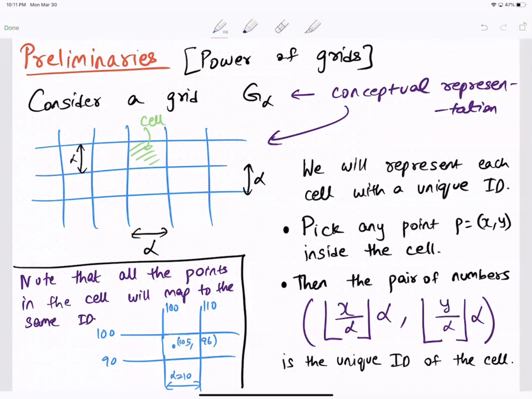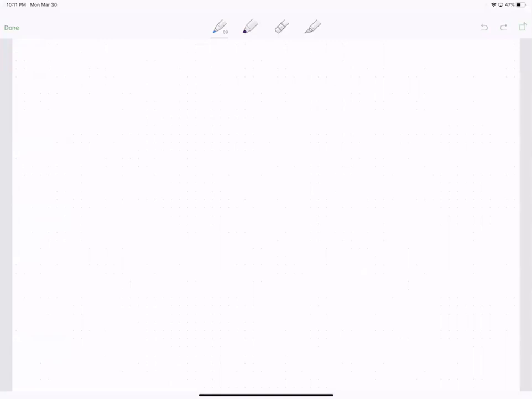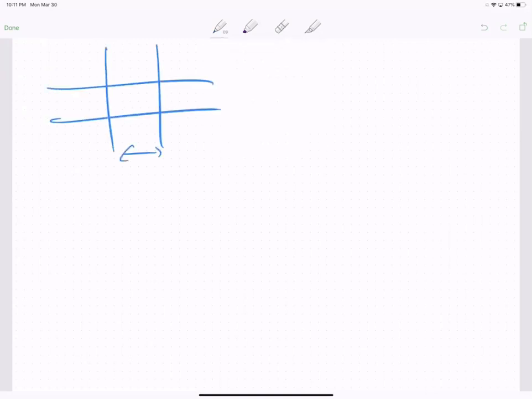Okay, I think I should start a new page here. Let me just redraw the figure quickly. All right, so I said alpha is 10. I said this is 100, this is 110, this is 90, this is 100.